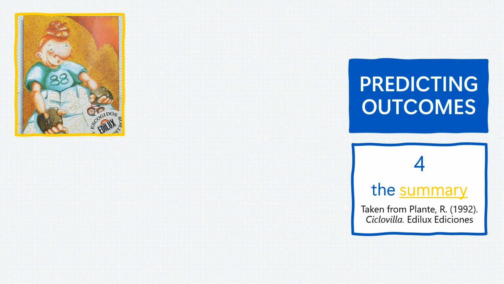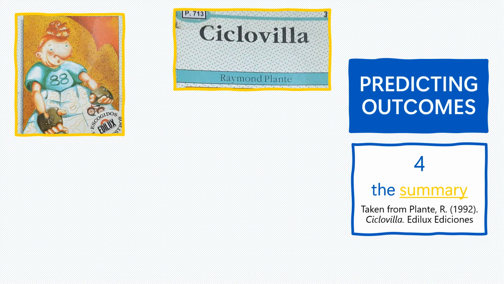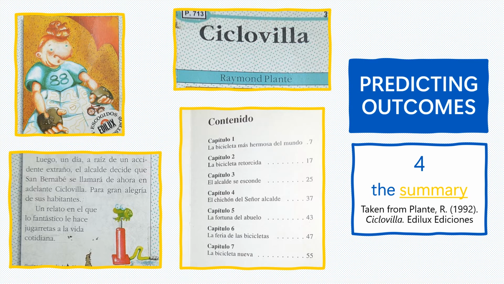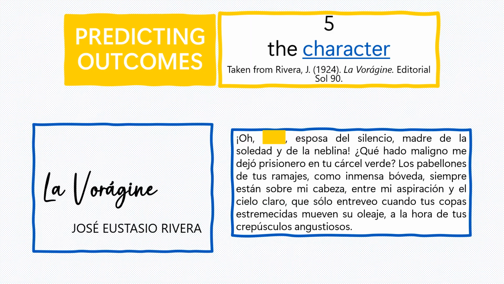But if we support that summary with the front cover and the back cover, that will help with the meaning. Let us see the title, back cover. There are so many elements you could attach.